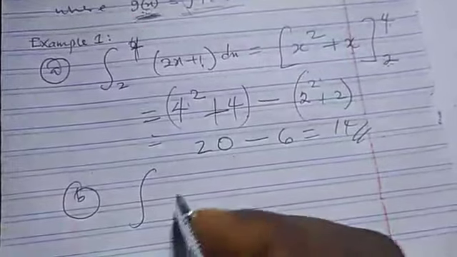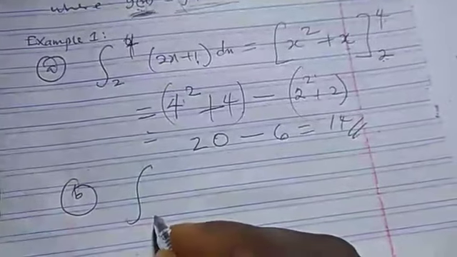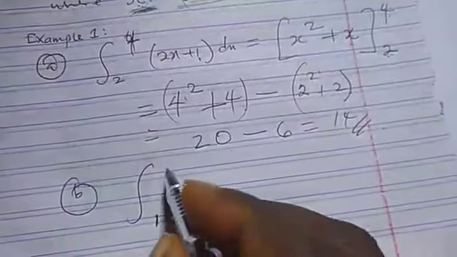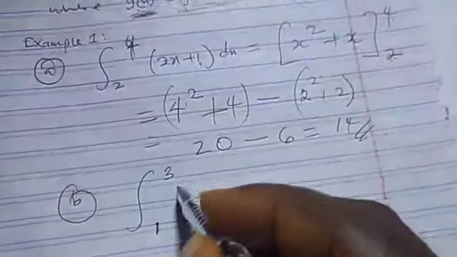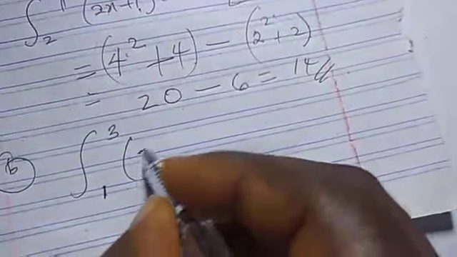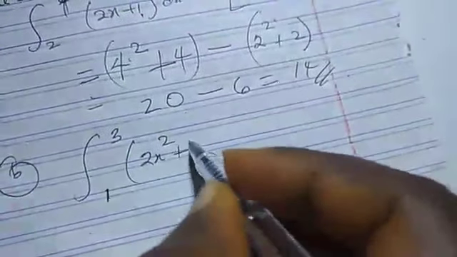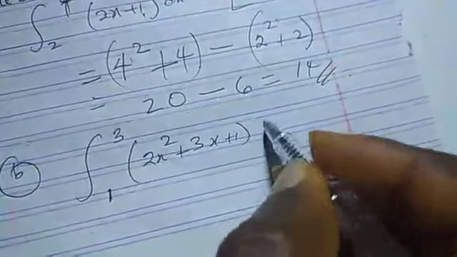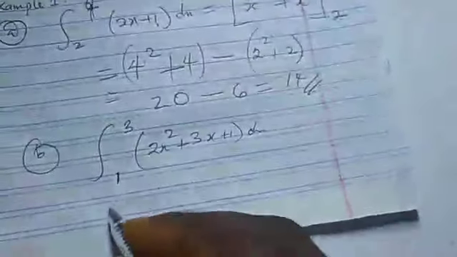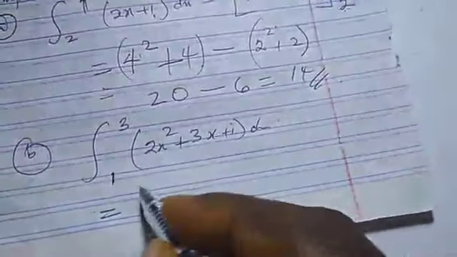Now, let's consider another integration. Let's say we have 1 to 3, and we want to integrate 2s squared plus 3s plus 1 dx. Just know how to integrate, that is all.